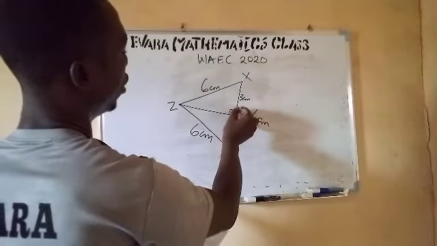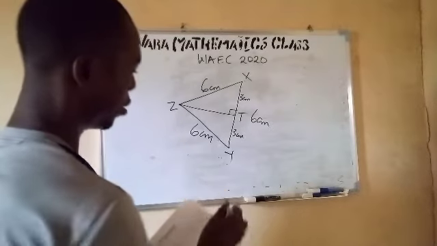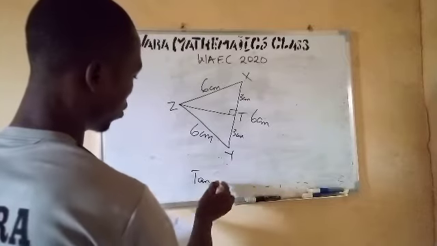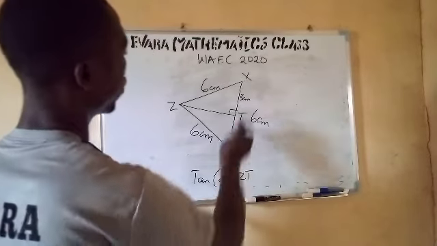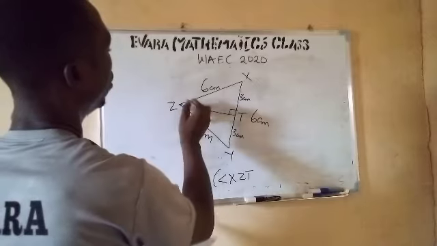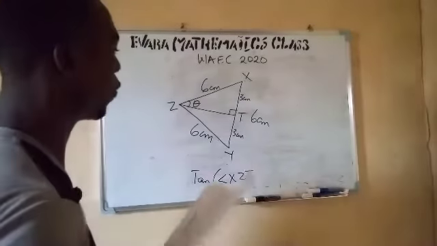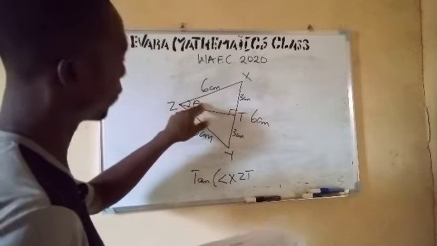We have the angle 90 degrees here. We are now asked to find tan XZT. This angle, theta. We are asked to find the tangent of this angle. You can call it theta.